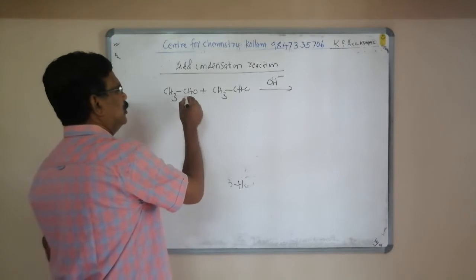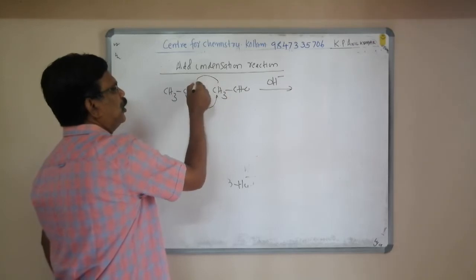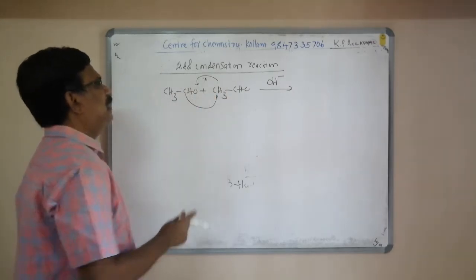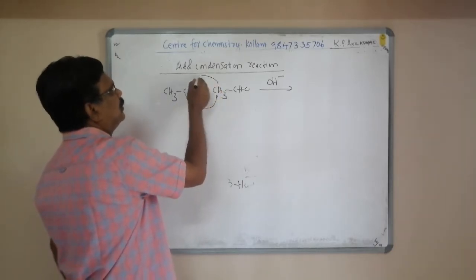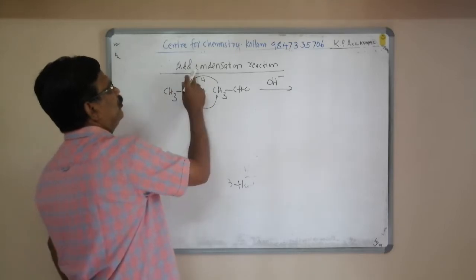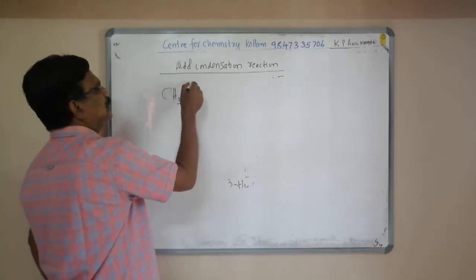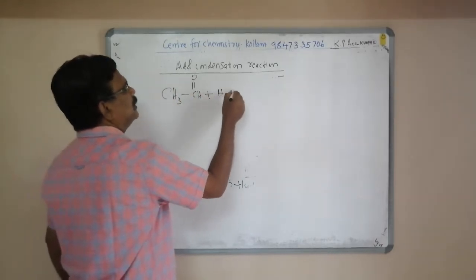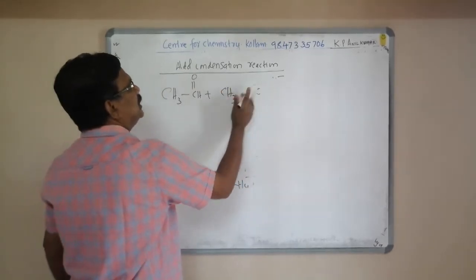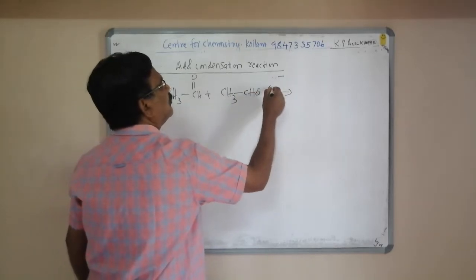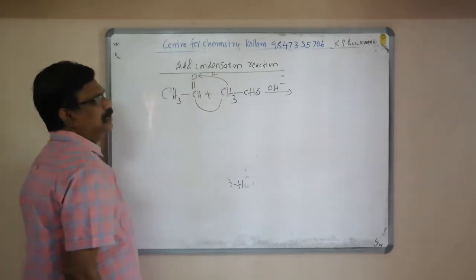This is the carbonyl carbon, the first carbon, and this is the alpha carbon, and one H migrates toward this oxygen. That is the simple trick. A carbon-carbon bond forms and one H atom migrates toward this oxygen atom. That is CH3CHO plus H-CH2-CHO in the presence of dilute alkali. That is the simple shortcut.